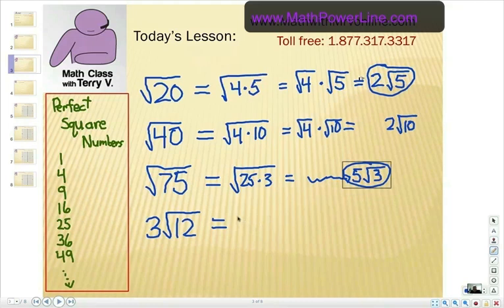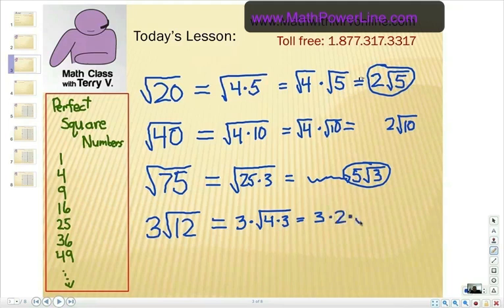All right, now this next example is very common when we're simplifying radicals. We already have a multiplier number 3 on the outside, but the radical 12 needs to be simplified. So we need to think of that as 4 times 3, because 4 is a perfect square number. And so then we have 3 times, what's the square root of 4? That's right, 2. Now that's going to be outside the radical.